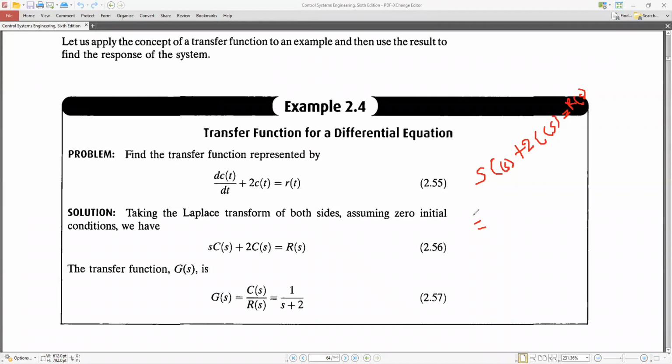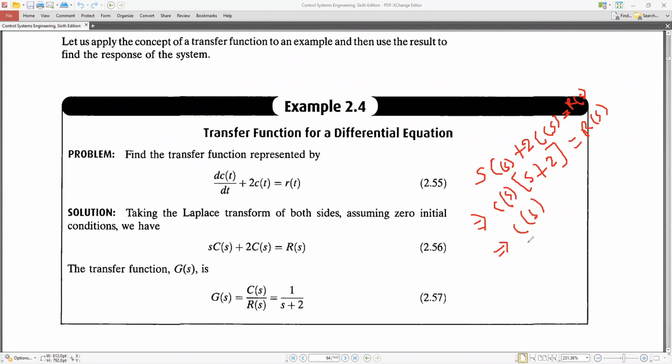Then take C(s) common, so it is (s plus 2) C(s) equal to R(s). We know that C(s) by R(s) is the transfer function.